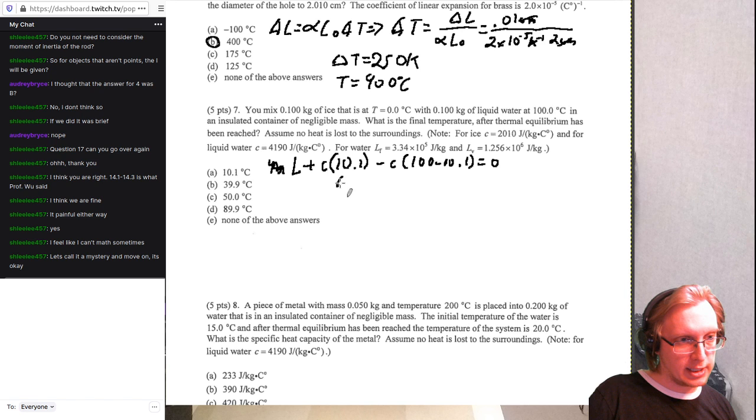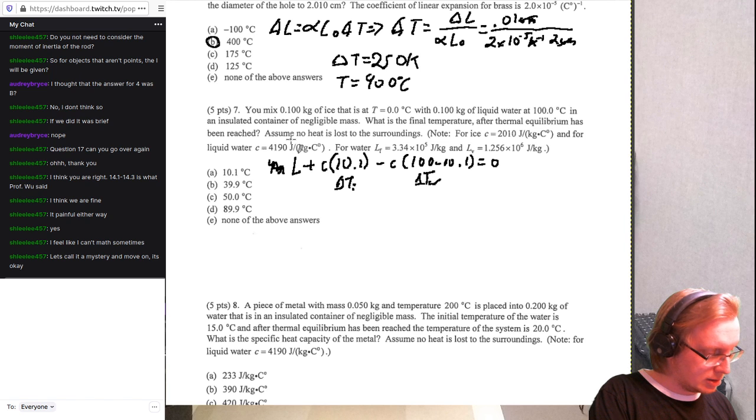So we have our delta T here, delta T ice, and this is our delta T for the water. So then, minus, that goes there. Yeah. 490. Minus 362.